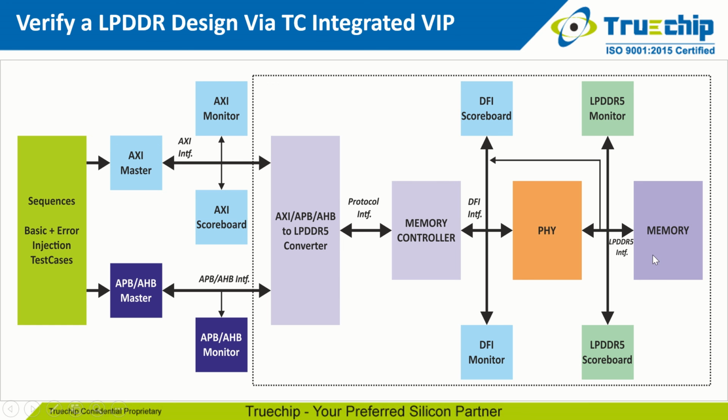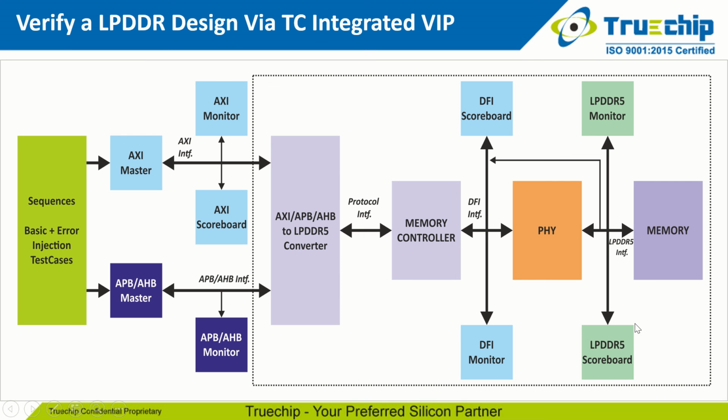The LPDDR5 interface is also connected to two components. One is the LPDDR5 monitor, which acts as a protocol checker and shoots an error in case of protocol violation, and the other component is the LPDDR5 scoreboard, which checks the data integrity.